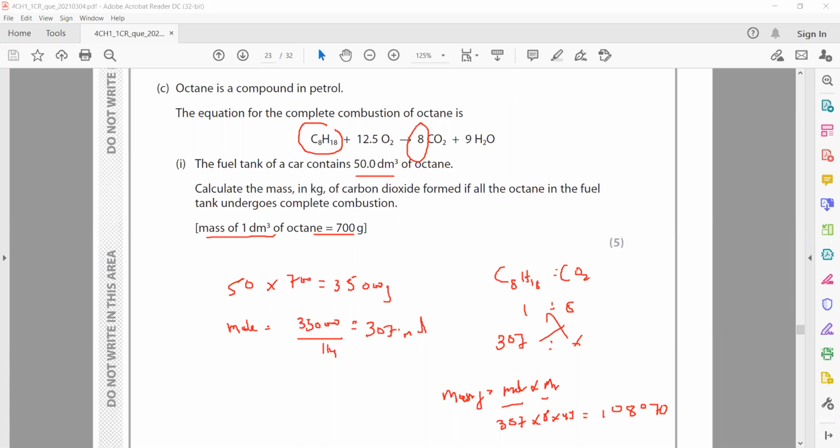Sorry, 108,070 grams, and then we'll convert into kilograms by dividing by 1,000. So it will be approximately 108 kilograms.